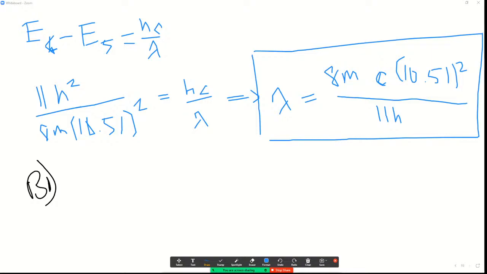I am getting it as 6.47. Wait, let me write one. 6.4748 times 10 to the power minus 7 meter.